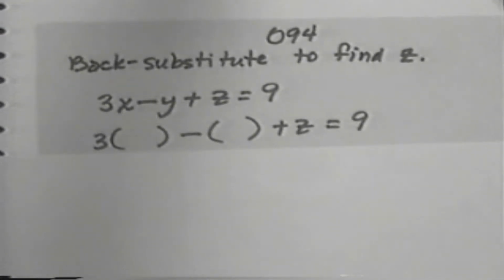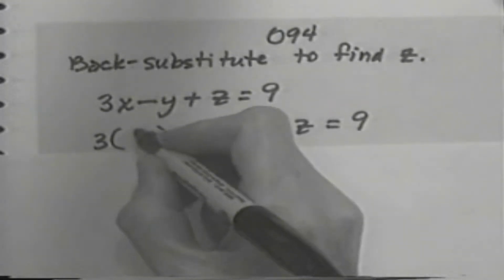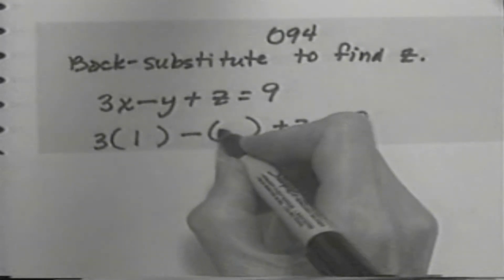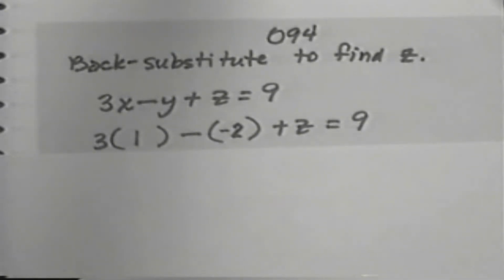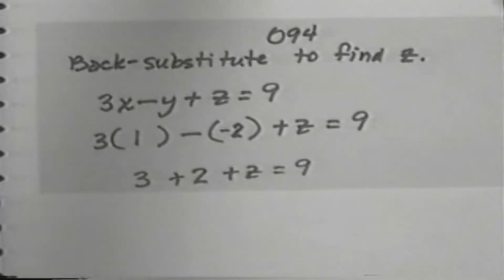The x value is 1, and the y value is -2. And so that gives us 3 times 1 subtract -2 plus z equals 9, which gives us 3 plus 2 plus z equals 9, or 5 plus z equals 9.